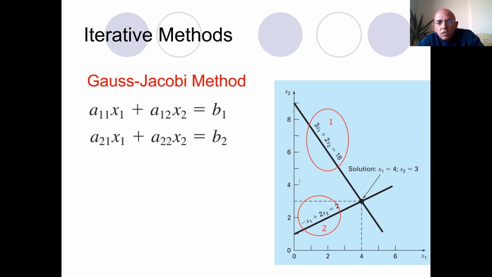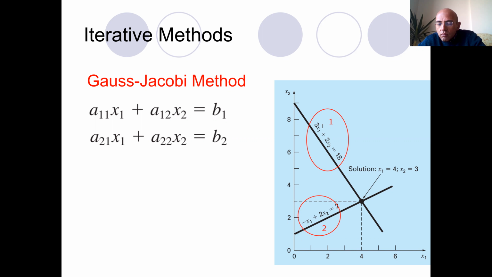So what we do in the Gauss-Jacobi method is we begin with approximate values of x1 and x2. Remember that if you make an approximation for x2, for example, for the first equation, you can calculate x1 from this equation easily. It is the same for the second equation. If you make an approximation for x1, you can calculate the value of x2 from the second equation.